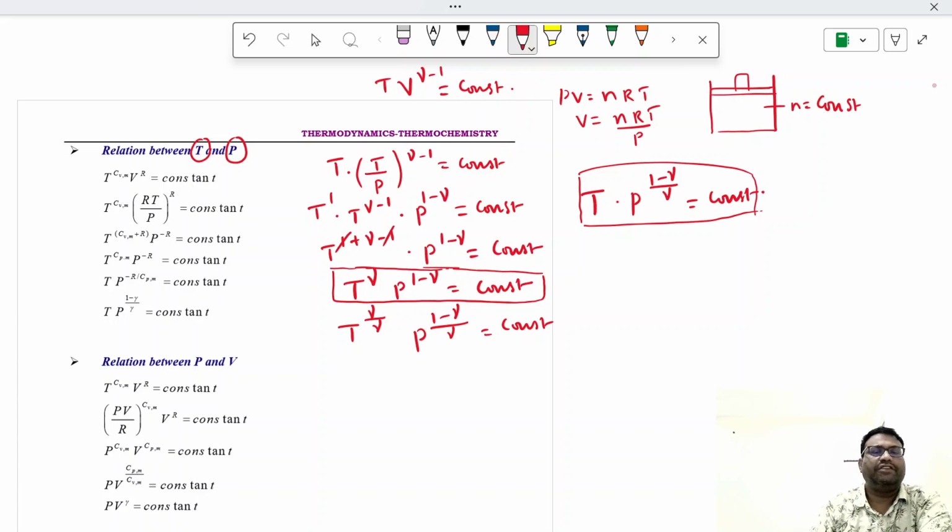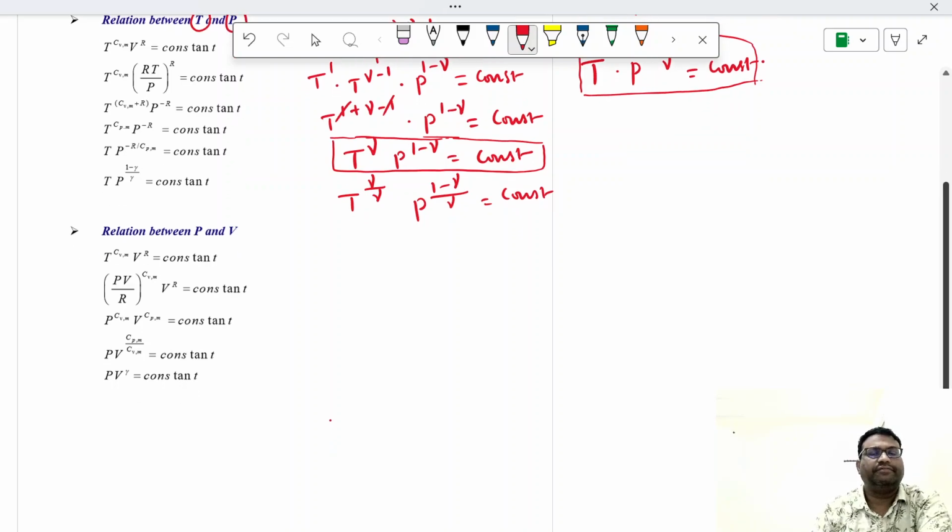What is the relation between T and V in adiabatic process? T into V power gamma minus 1 is equal to constant. So this gamma minus 1 is only for V, not for T. Okay.